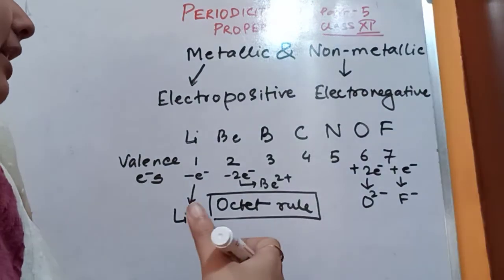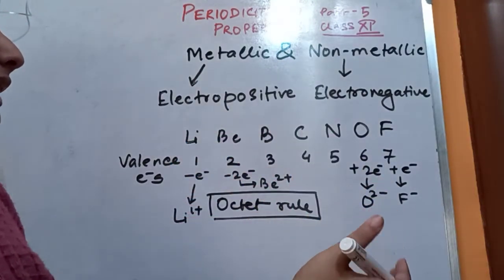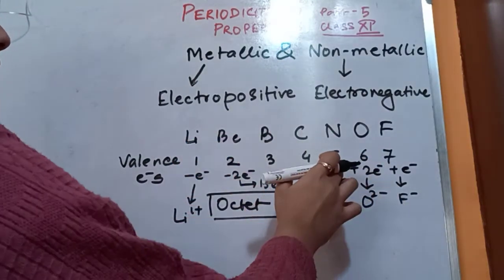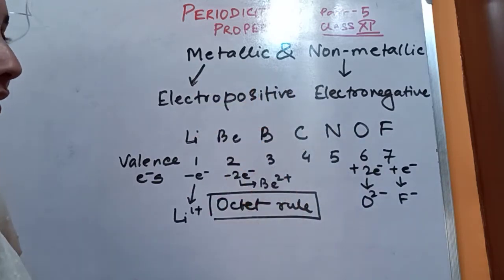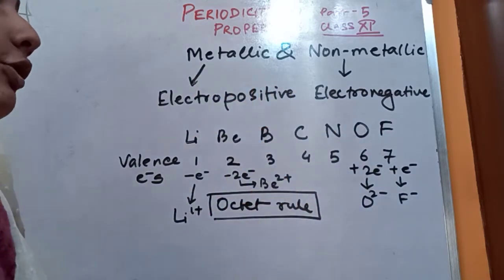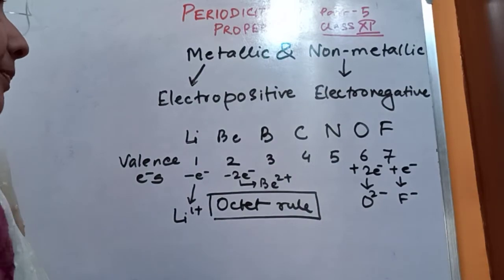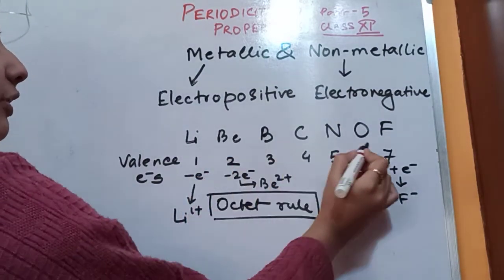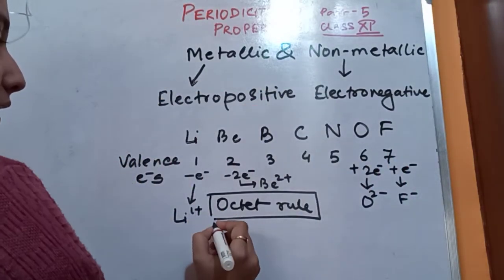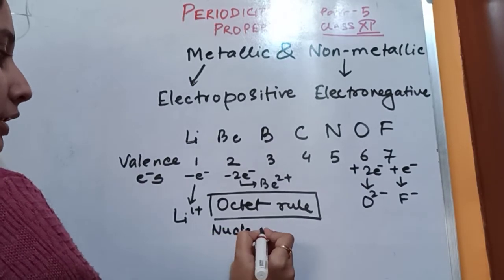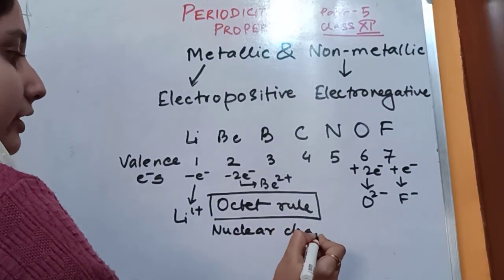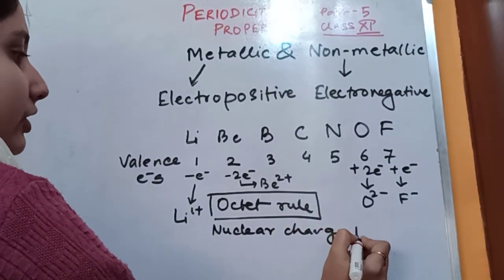Now, let me come to why they will gain and why they will lose. Not only because they are having 6 electrons or 7 electrons. There is a factor, you all know, the nuclear charge. As we move from left to right across a period, the nuclear charge increases. What is nuclear charge?